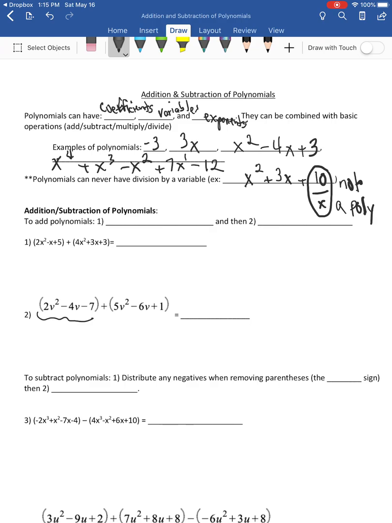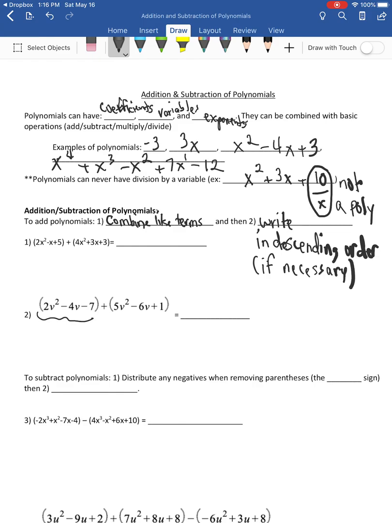All right, so to add polynomials, we're going to combine like terms, and then write in descending order, okay, if necessary. If it's out of order, you need to get it back into order.